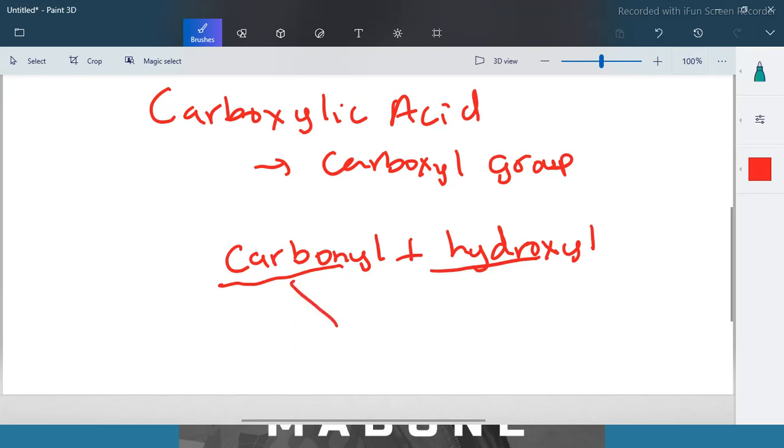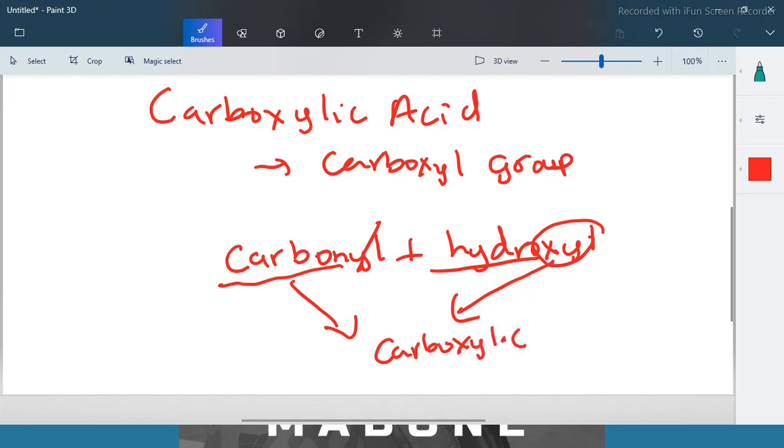So what they decided to do is to take the first word and bring it down here and erase that. And they decided to do what? To take this last word, which is what we call a suffix in English, and bring it down. And they came up with a name called the carboxylic acid, right?